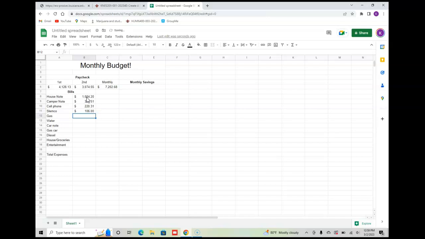That's what it was last month. Our gas bill, natural gas. That's what it was last month. Our water bill. That's what it was last month. We only have one car note because my husband's truck is paid off.